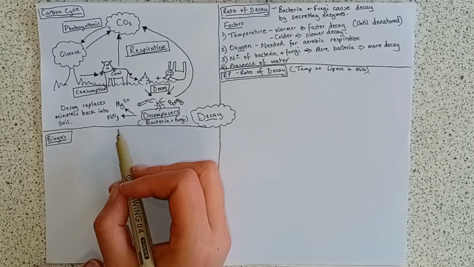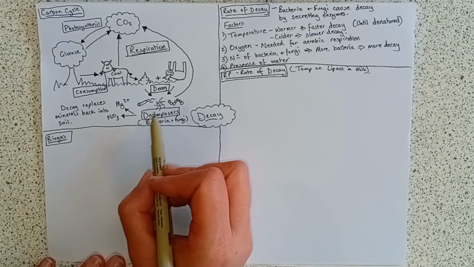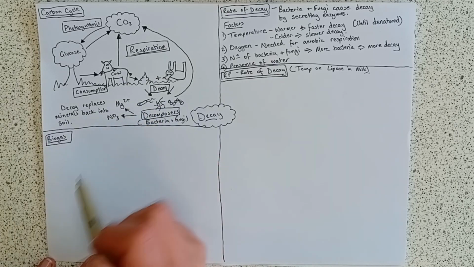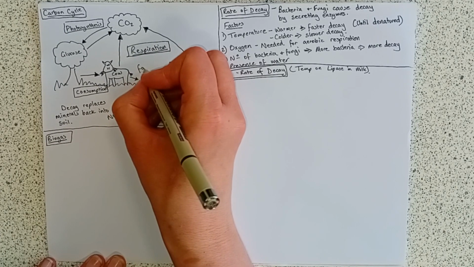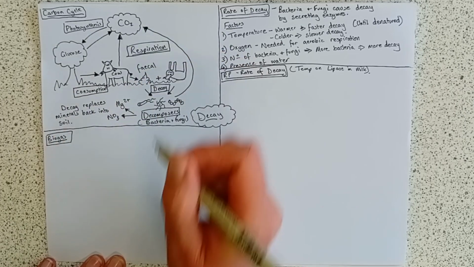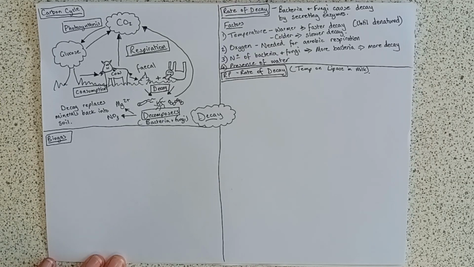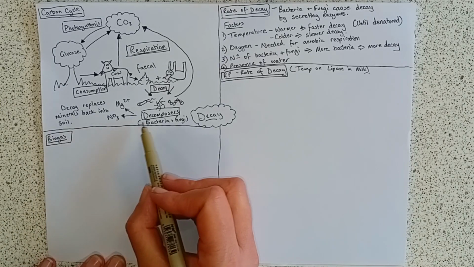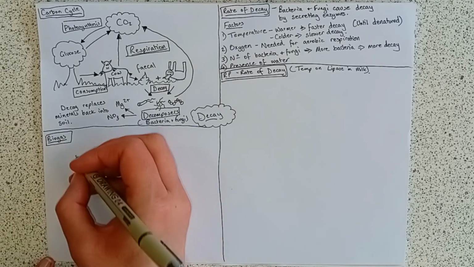One use of decay that you need to know about is in the production of biogas. So we can use this decay process where the bacteria and fungi break down organic material, so fecal matter here, into carbon dioxide and minerals. If you have anaerobic bacteria, however, they don't make carbon dioxide, they can release methane.